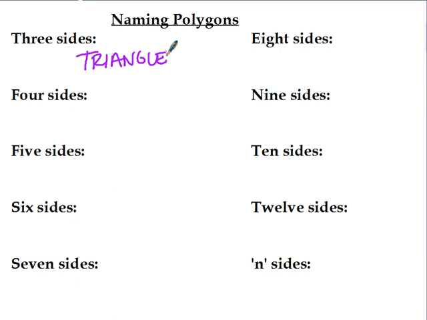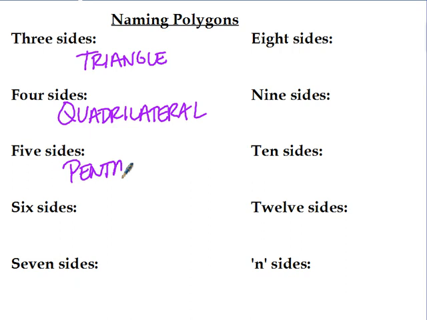But to name them all in one big group, anything that has 4 sides, we can call a quadrilateral. 5 sides is a pentagon. 6 sides is a hexagon. 7 sides is a heptagon.